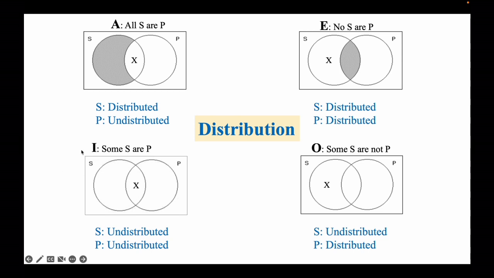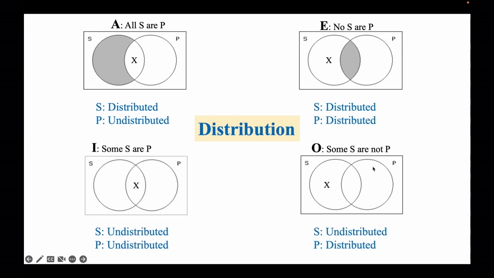When we go to the I form, once again, it's very easy to determine. If some S are P, it means that some P are S. Now, how many members of S are members of P? Some. And how many members of P are members of S? Again, some. So, because it's not all of them, the subject and the predicate are both undistributed.